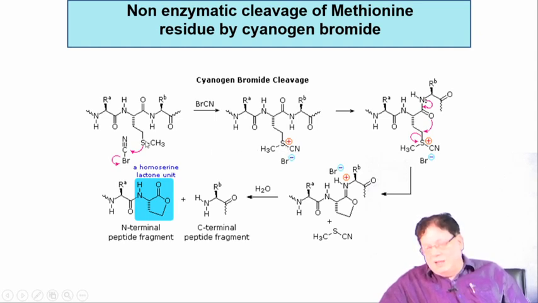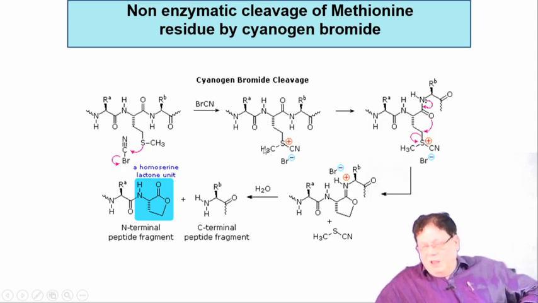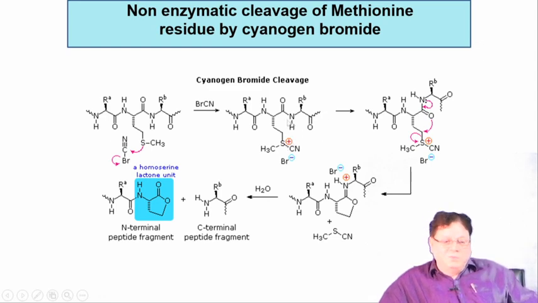S methyl was already there and now S will be attached to a cyanide and the bromide ion leaves from the cyanogen bromide. But in the process what you have created is a sulfonium ion, a sulfur which is having a plus charge. And now, as you have done this, that means this has become a very good leaving group now.